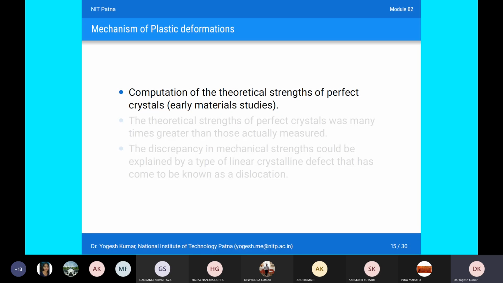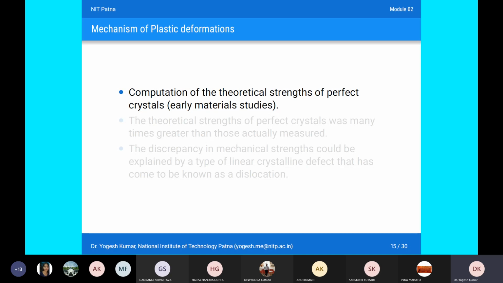Going in depth, using Hooke's law and other available literature, researchers have tried to compute the theoretical strength of perfect crystals. This work has been done for a long time, maybe 200 or 300 years back.